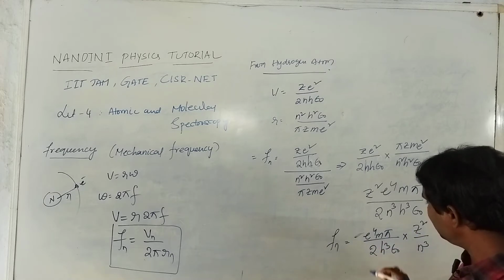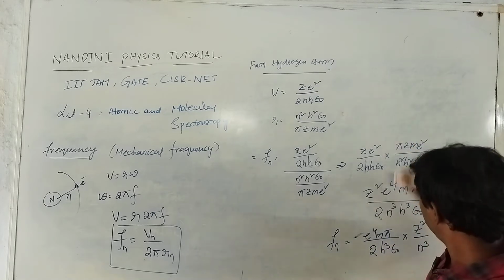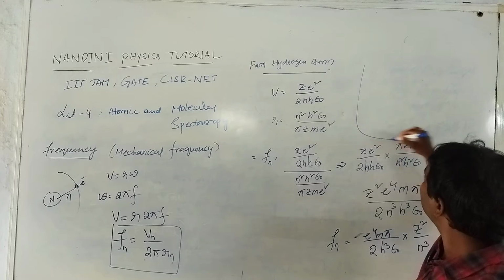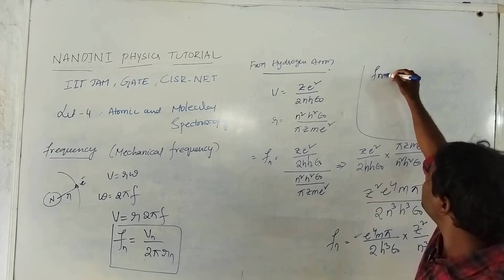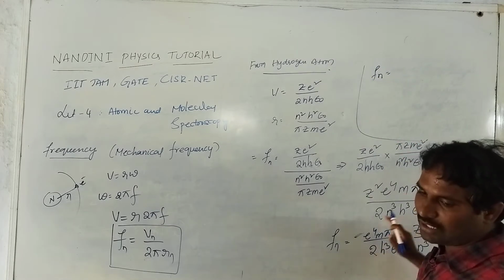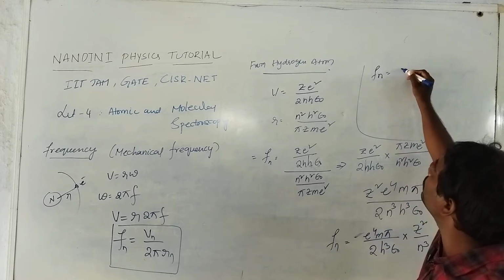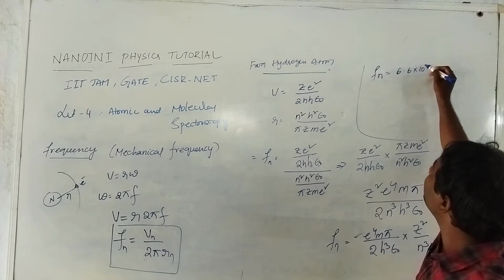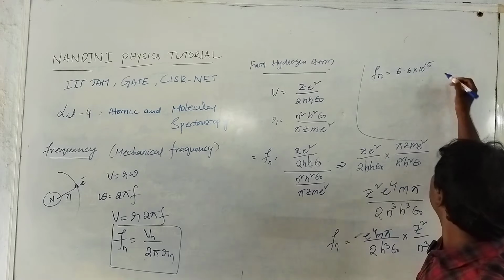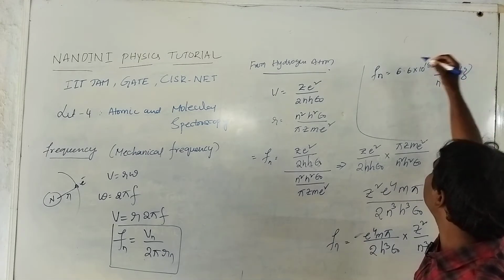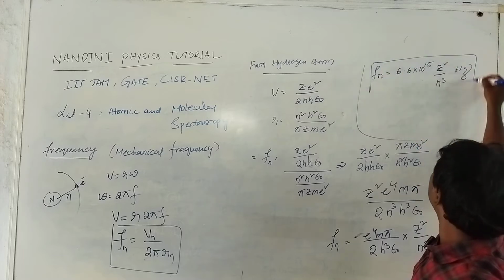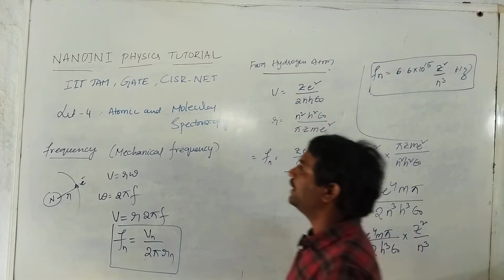If you calculate this value approximately, Fn is equal to 6.6 into 10 power 15, Z square divided by n cube, in hertz. So this is your mechanical frequency. Understand everybody?